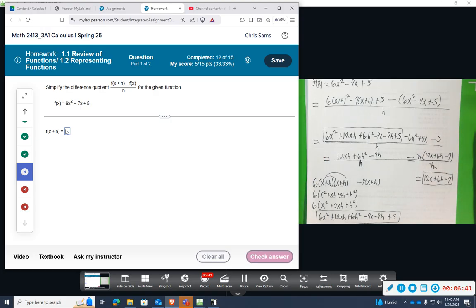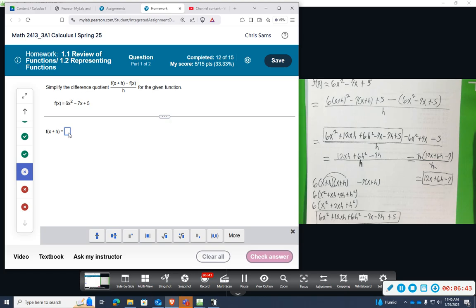So I'm going to plug all of that in. 6x squared. And I'm using shift and 6 to do the exponent, in case you want to do the button pushing instead of having to go down here and click the exponential button. 12xh minus 7x minus 7h plus 5.